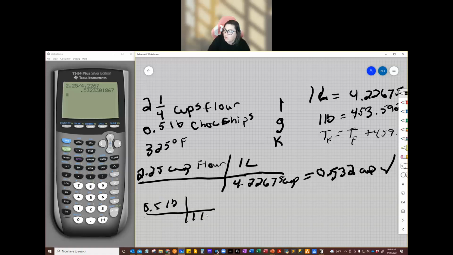1 pound is 453.592 grams, because that's what I wrote over there. Awesome. And I can do that conversion again with my calculator. 0.5 times 453.592.